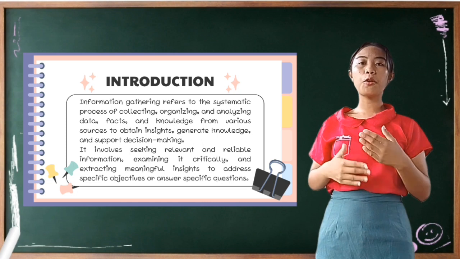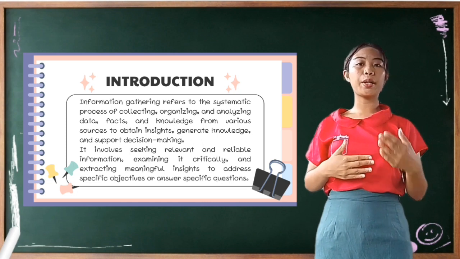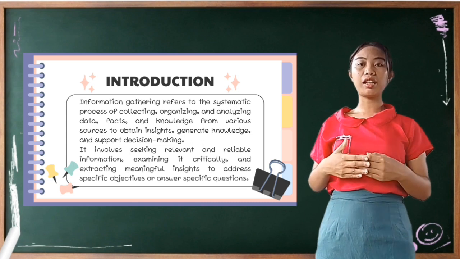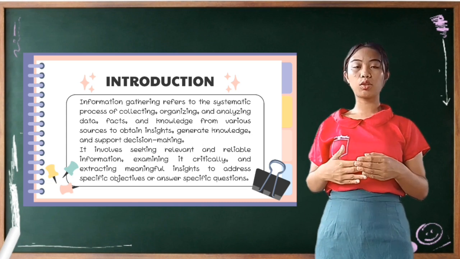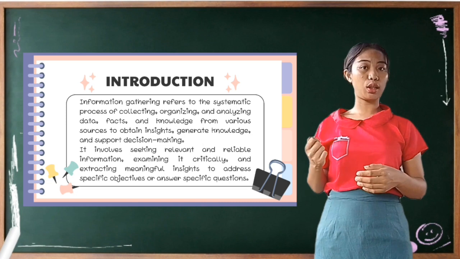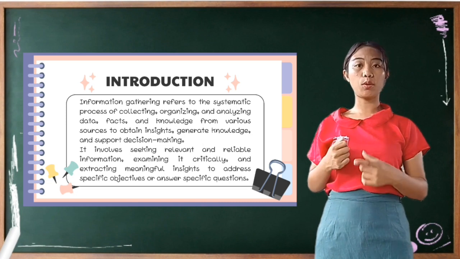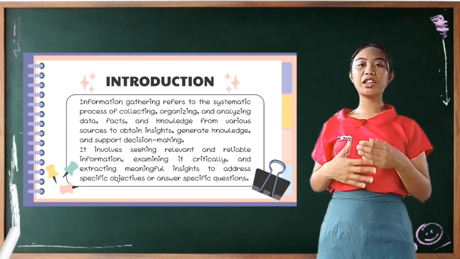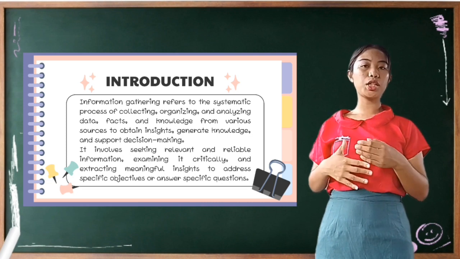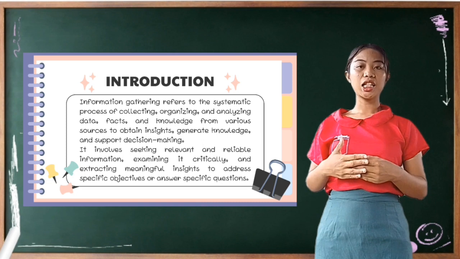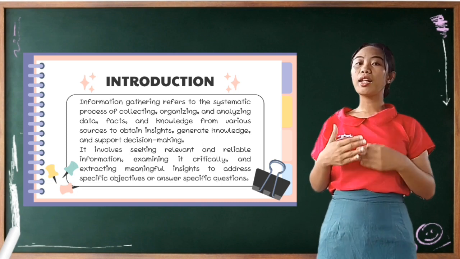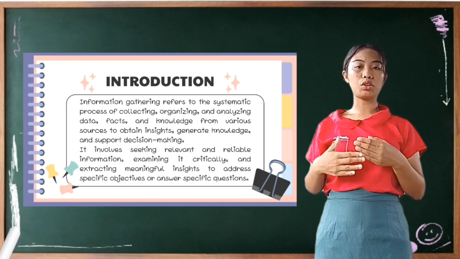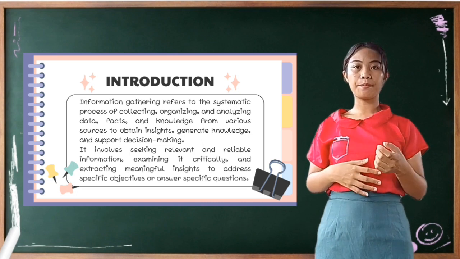It also involves seeking relevant and reliable information, examining it critically, and extracting meaningful insights to address specific objectives or answer specific questions. Meaning to say, information data gathering is all about collecting, organizing, and analyzing information or data on something.